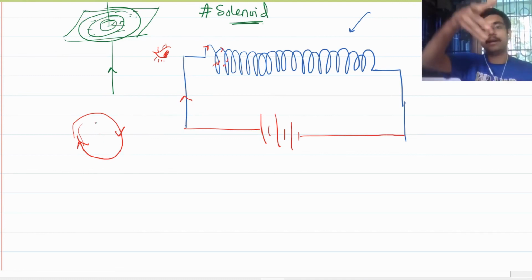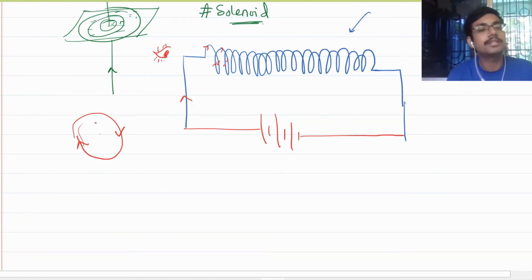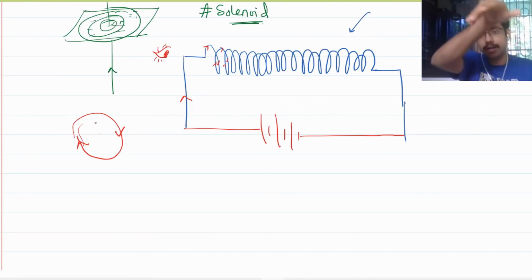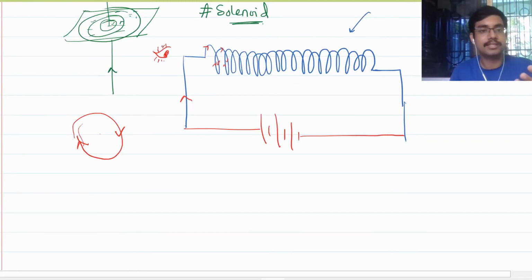Yes, simply by the right hand thumb rule, everybody can apply it. Everybody can roll their fingers in the direction of the current flowing through this. This is not a closed loop, but the current is flowing like this in a circular pathway. So you can see that the magnetic field is pointed inside the paper. So you are seeing it from here and you are seeing it inside.